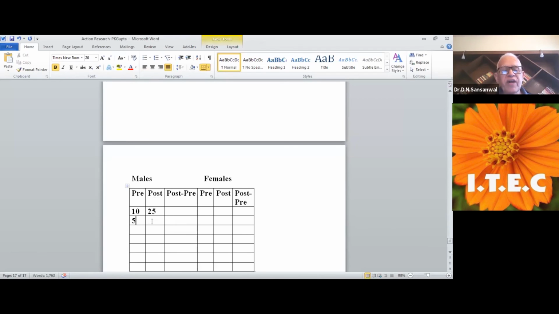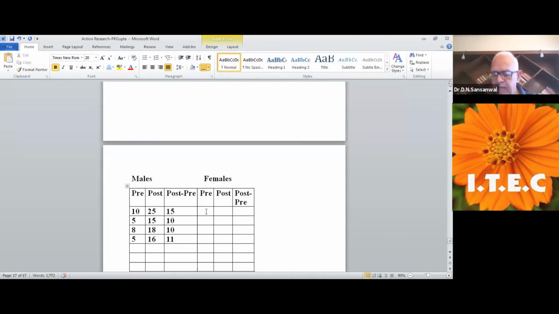Here pre is 5 and post 15. Here pre is 8 and post 18. And pre is again 5 and here it is 16. So post minus pre in this case is 15, then 10, 10, and 11. Like this, I can find out for the female also.